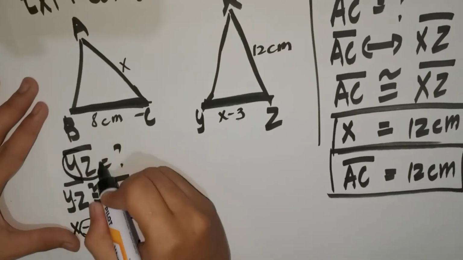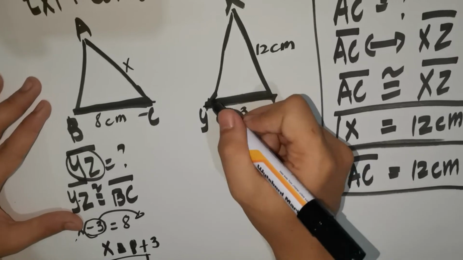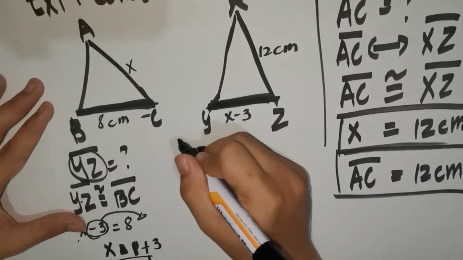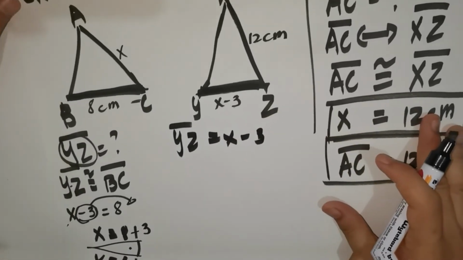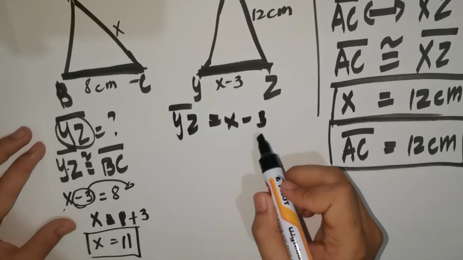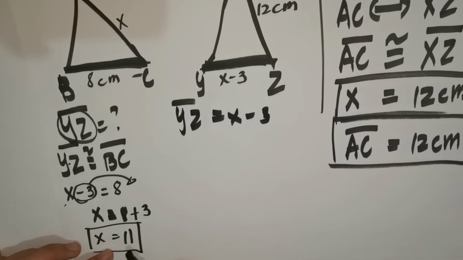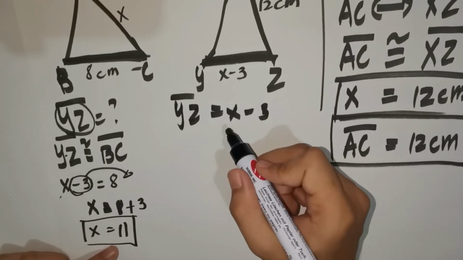Nahanap na ba natin si YZ? Ang hinahanap po kasi natin ay YZ. Ang measurement po ni YZ ay X minus 3. Sulat natin yon. YZ is equal to X minus 3. Ang meron lang tayo ay X. Okay? X lang po ang meron tayo. So, how do we know it?